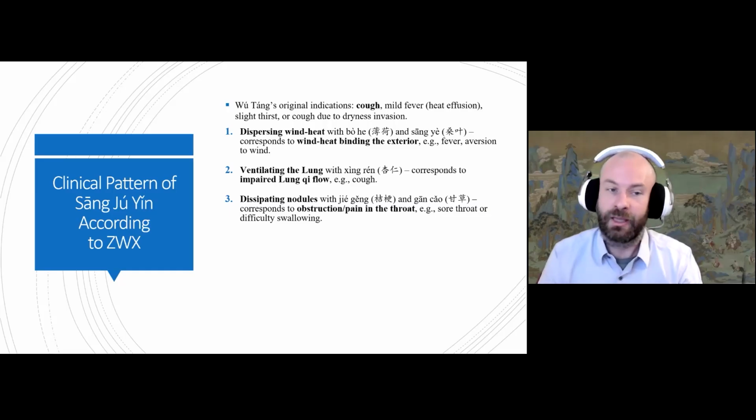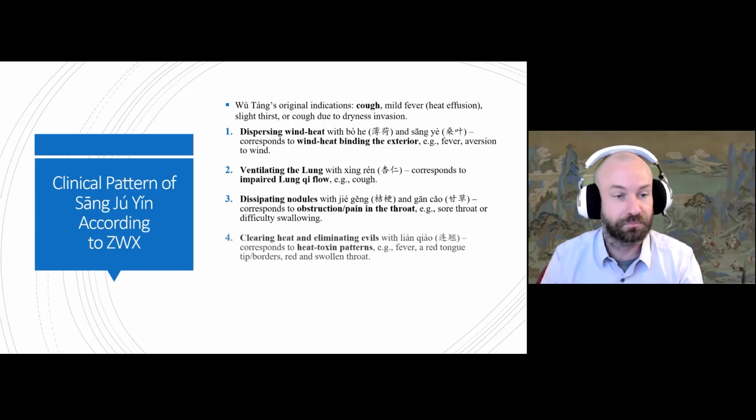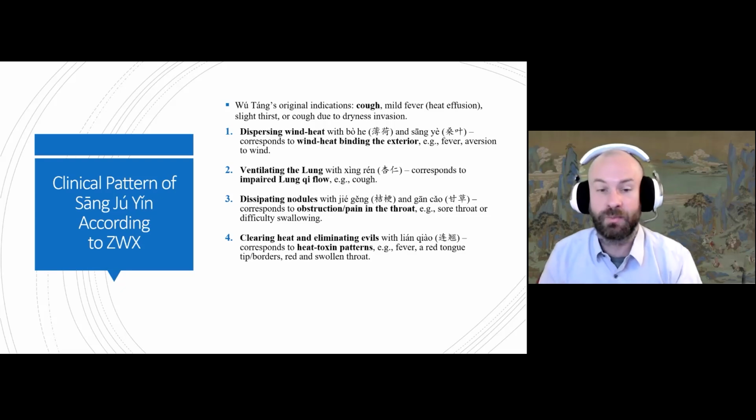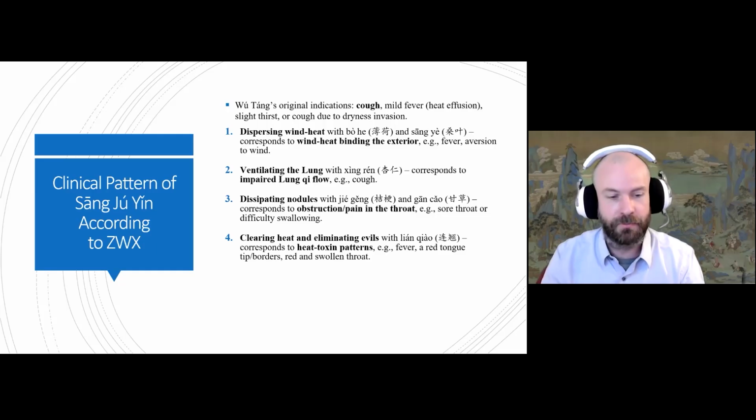And obviously, that combination of Jiegeng and Gancao is Jiegeng Tang from the Shanghan Lun, the Shaoyin chapter. With Lianqiao, that's going to correspond to clearing heat and resolving toxicity. So what you might see with that is the fever, red tongue, red and swollen throat.